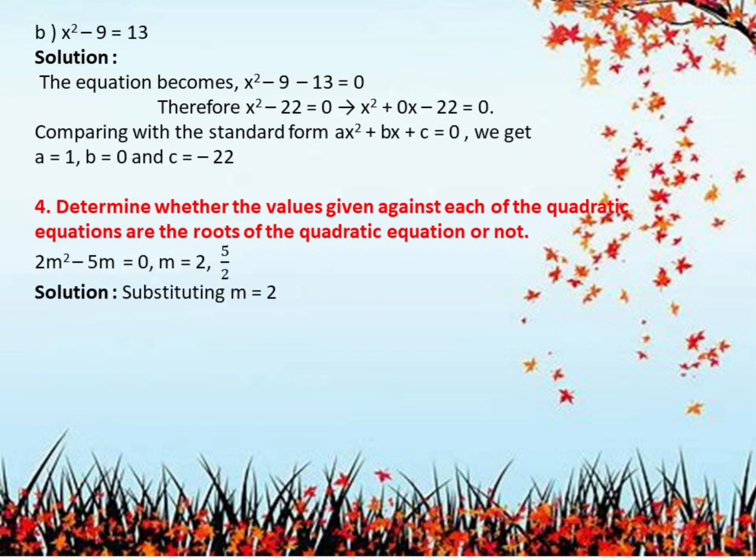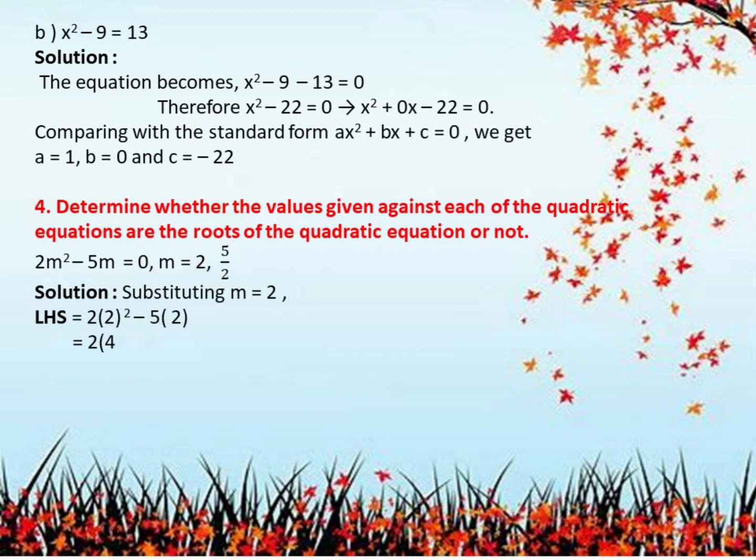Solution. Substituting m is equal to, first we will substitute m is equal to 2 in the given equation. Left hand side, 2 into 2 square minus 5 into 2 is equal to 0. Here you can see that I have substituted in place of m the value of 2.